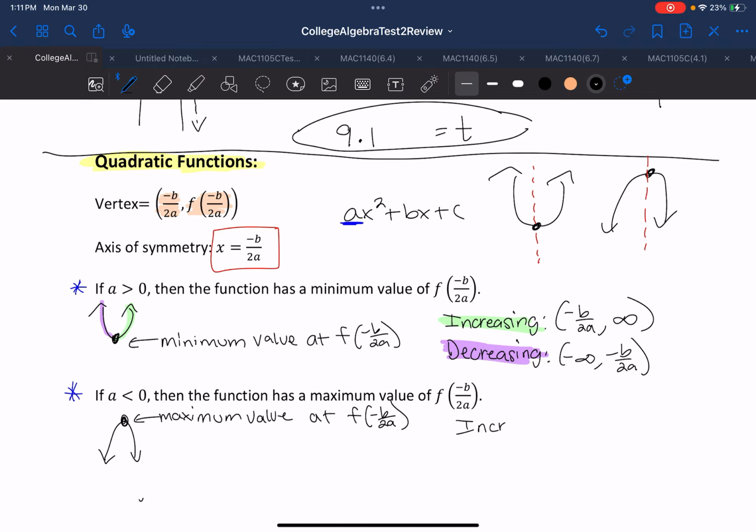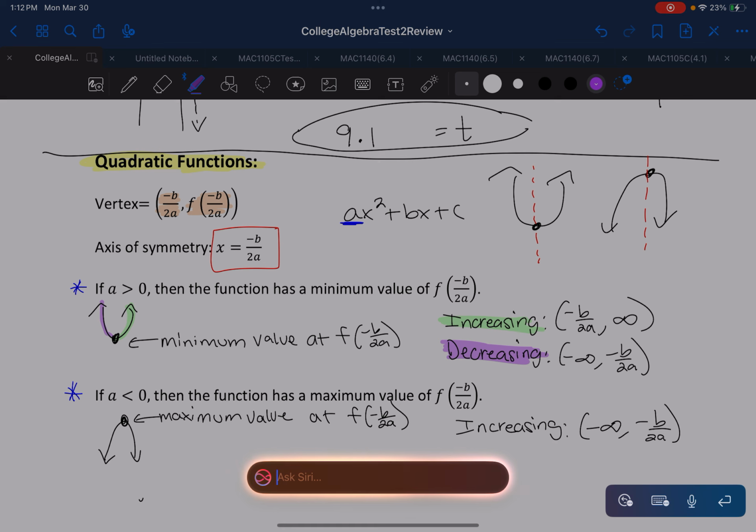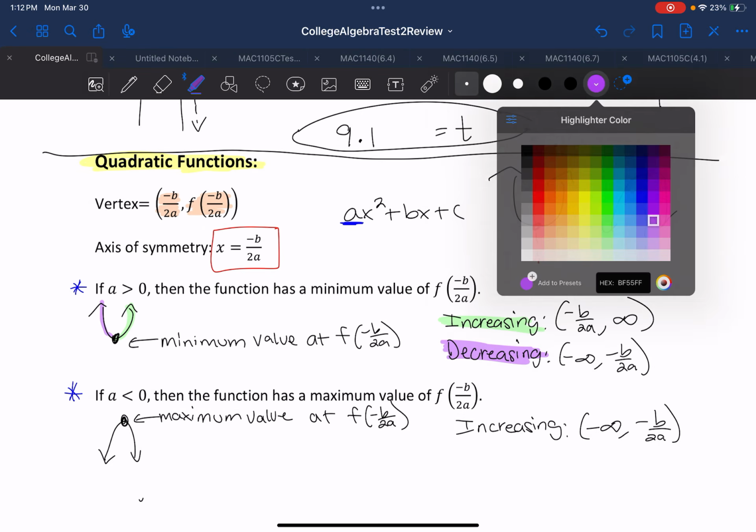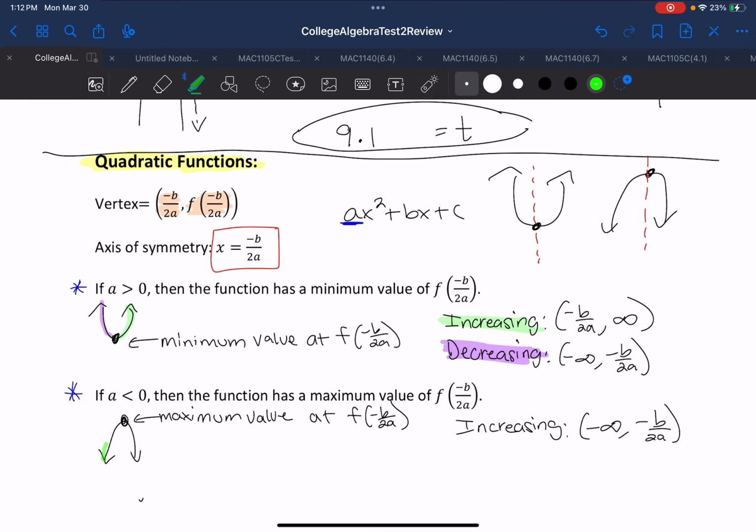So in this case, the function will be increasing from negative infinity to negative b over 2a. So they switch, because now it's increasing on the left, but it's decreasing on the right now. So that would start at negative b over 2a and go to positive infinity.